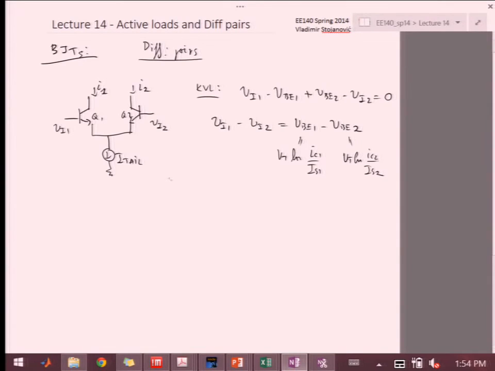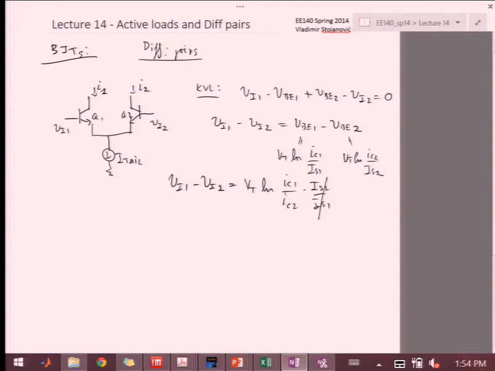So the difference of the input voltages will be VT log of IC1 over IC2 times IS2 over IS1. If these two transistors are the same, then the IS currents will be the same, right? So the area of the emitters is going to be the same. So this is gone.